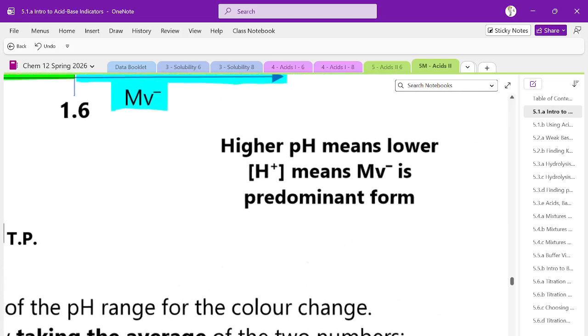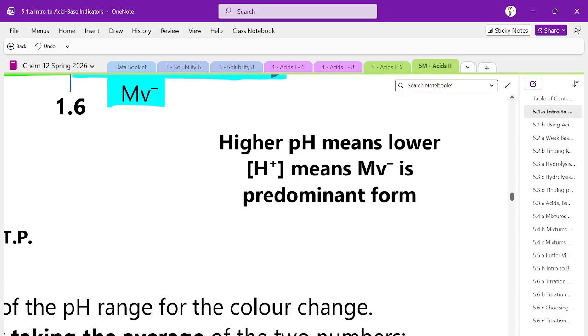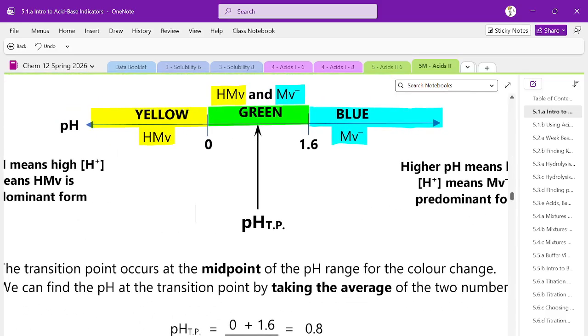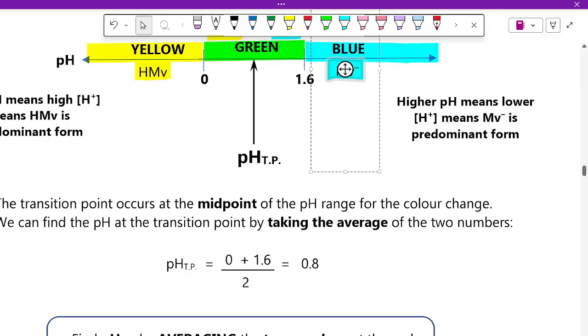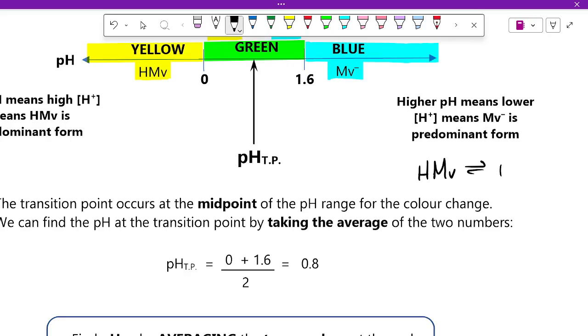Okay? Now, remember we've got this equilibrium, right? We've got our HMV, and we've got our H plus, and we've got our MV minus.